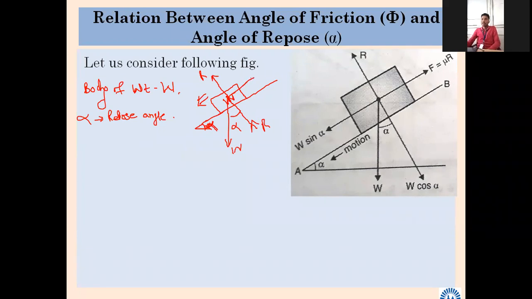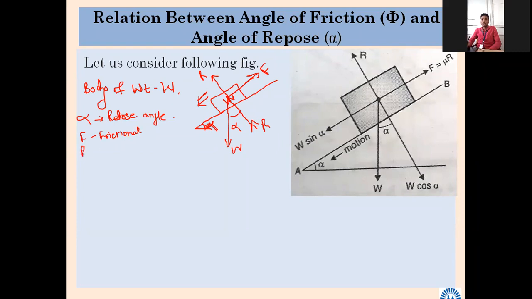It will be something like upward direction. Here it will be F. What is F? Frictional force. This one is the diagram for this. Suppose F is the frictional force. Okay.